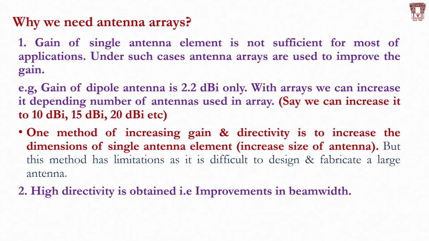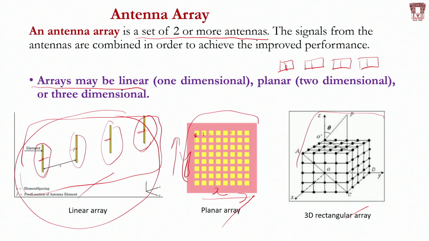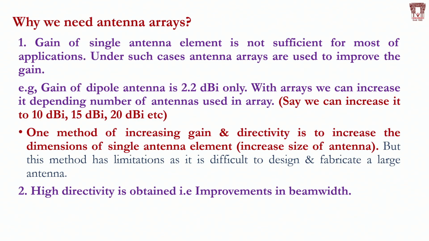Now the question is, if we have a single antenna, why are we going for antenna arrays? Like here, if we have this single antenna, what is the purpose of going to so many antennas? There are a number of reasons or advantages we get by going for antenna arrays.